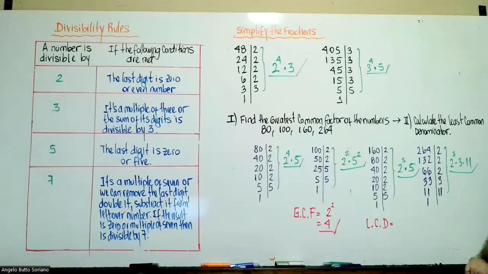Okay? This is the difference between the greatest common factor and the least common multiple. In the least common multiple, we're going to take the numbers whose repeat is at the most frequency, and we're going to add the rest of the numbers, whether they appear or not in the rest of the factors.